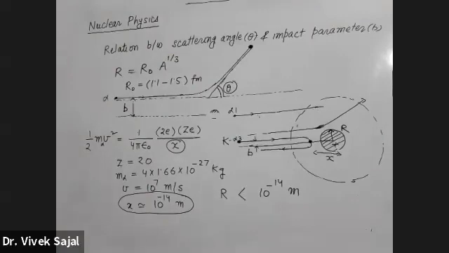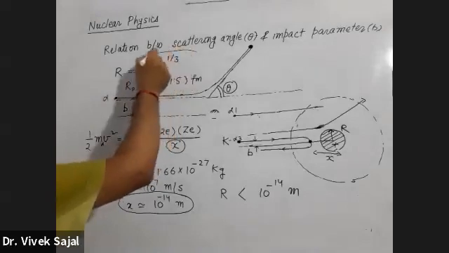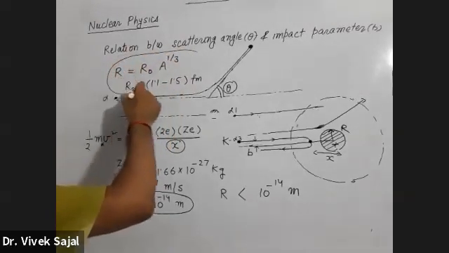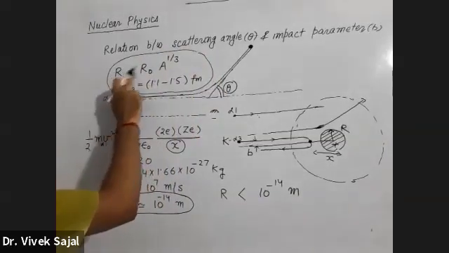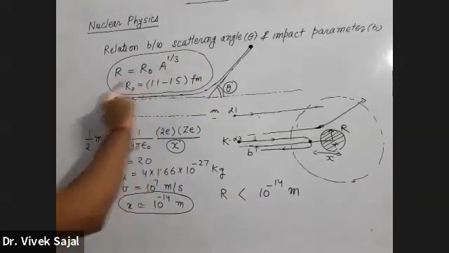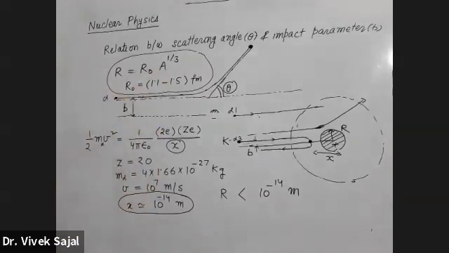So later on, with the help of various scattering experiments with different types of nuclei, they established a relation between the radius of the nucleus and the mass number.